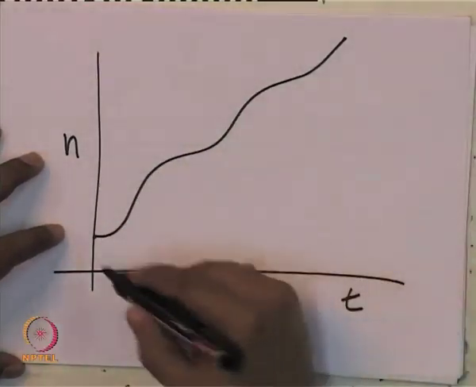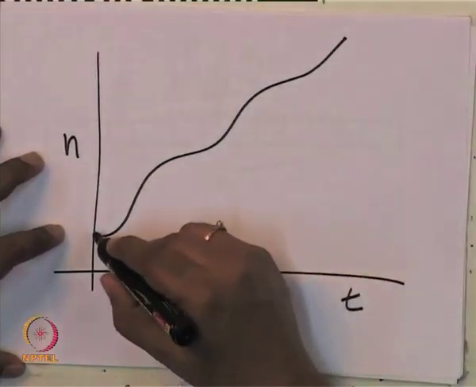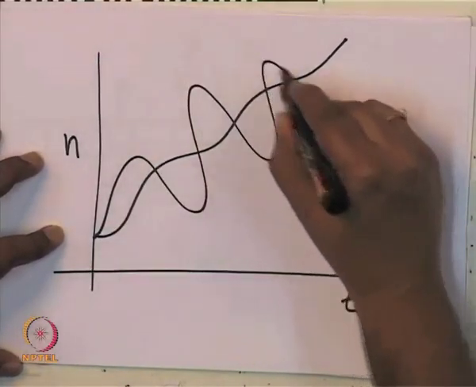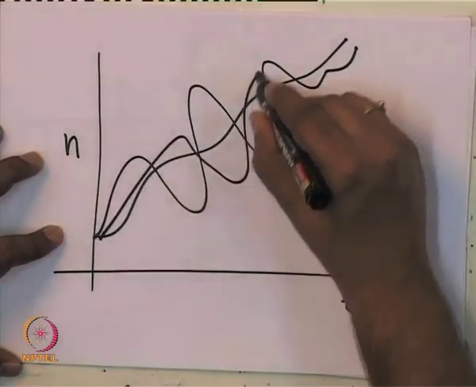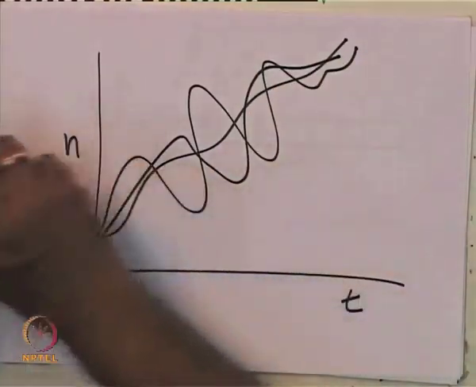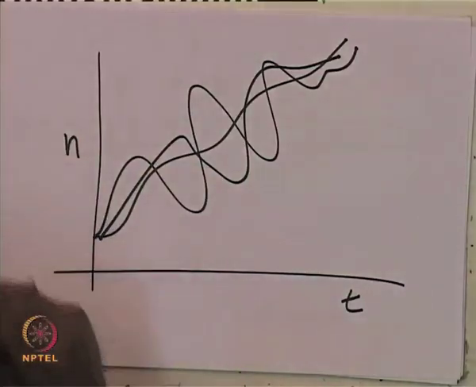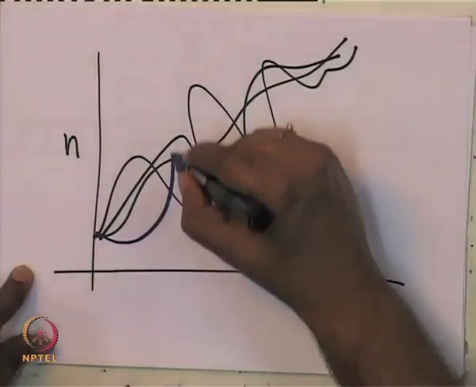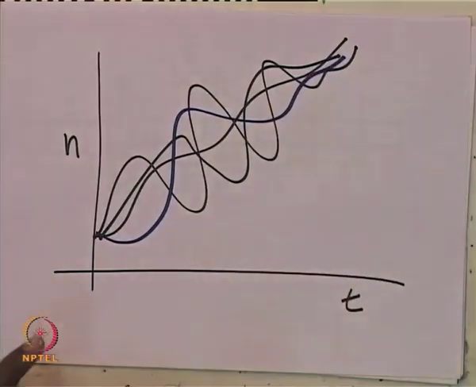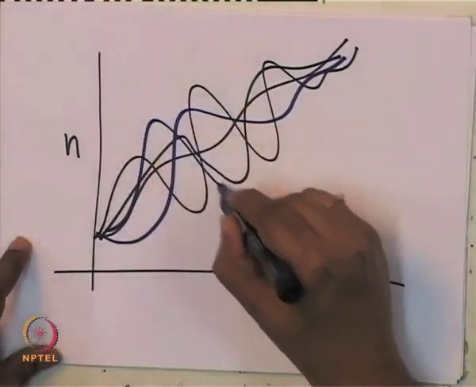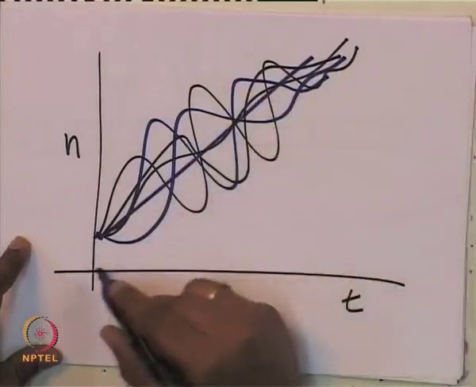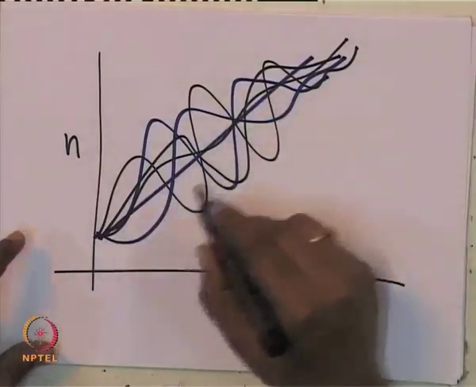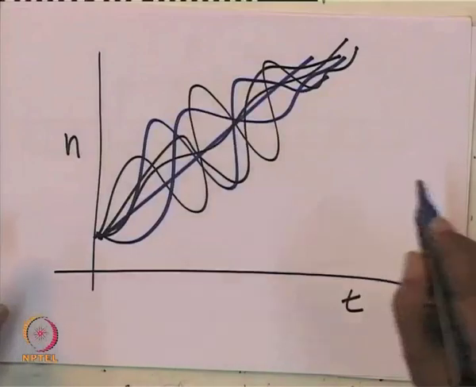In one experiment you might get this, in another experiment you might get something like this, and in another something like this. Even though on average you get this, each time you might get a different path.